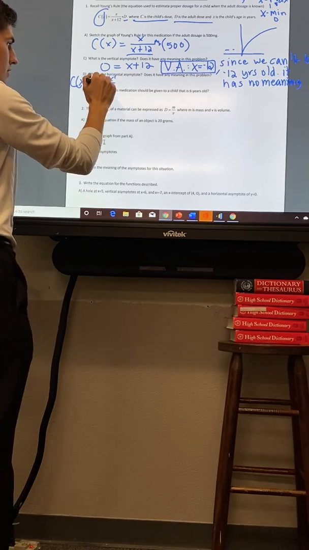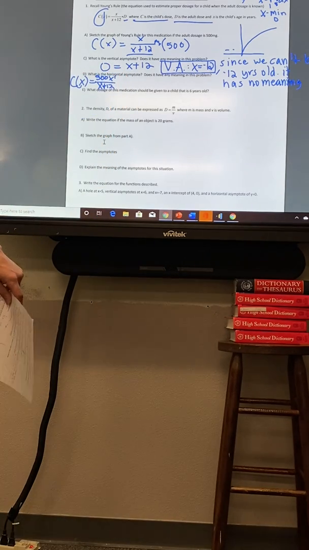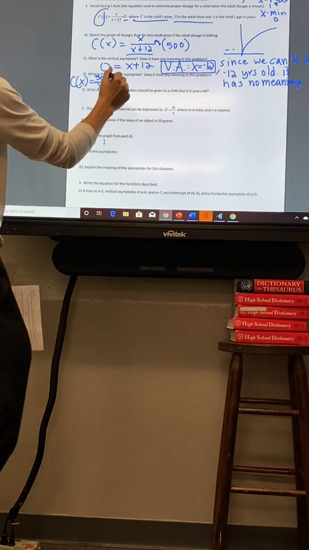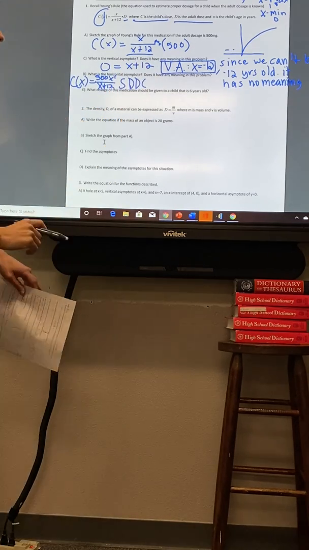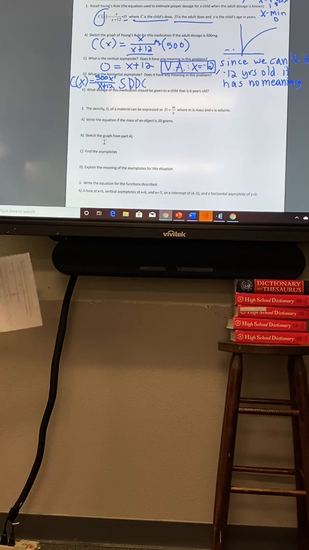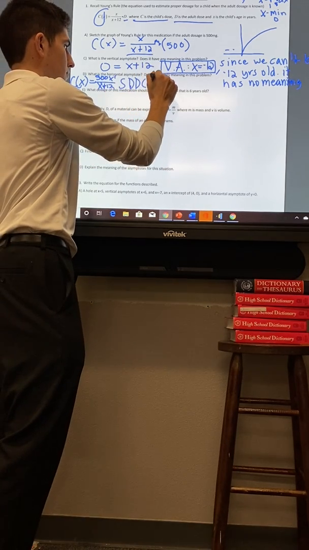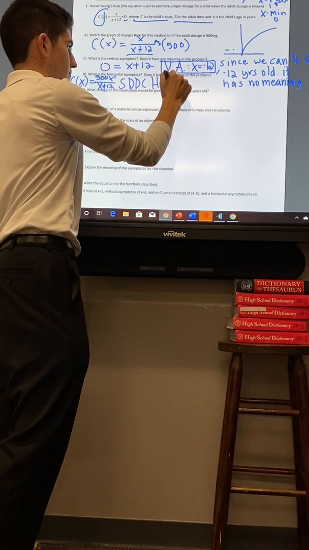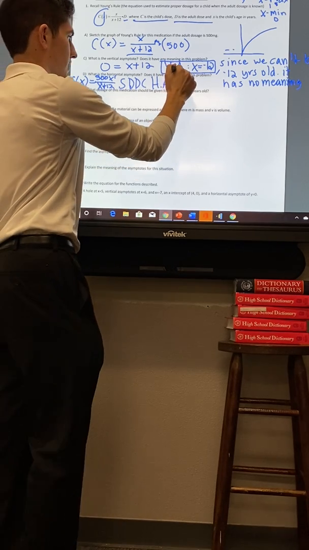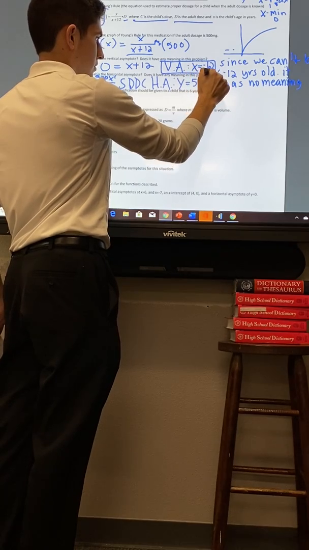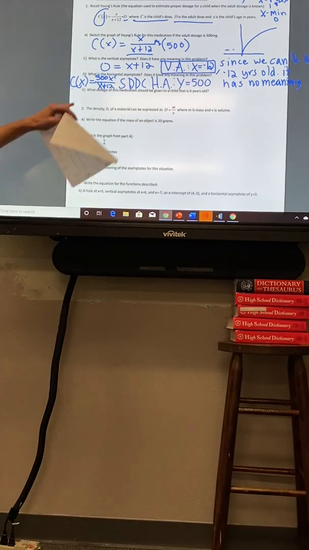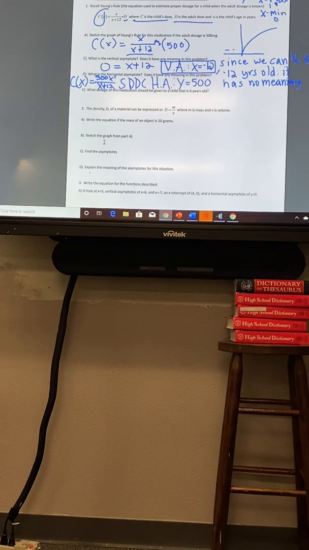They're both 1. Our highest degree is 1 in each case. So we think SDDC: same degree, divide coefficients, which I end up getting a horizontal asymptote at Y equals 500, because I do 500 over 1, and I'm left with 500.